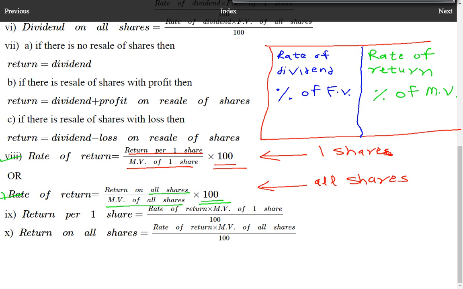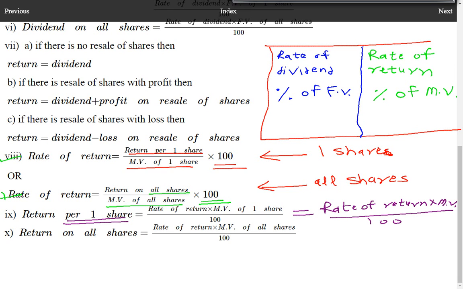Finally, we will see the formulae for return per one share. So return per one share is given by rate of return multiplied by market value divided by 100.